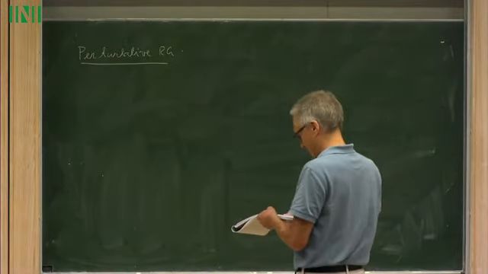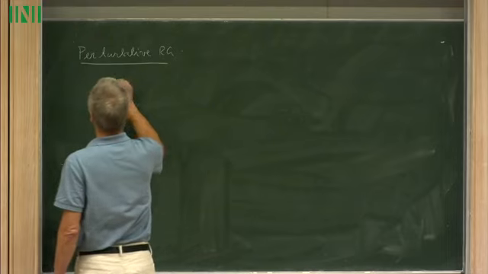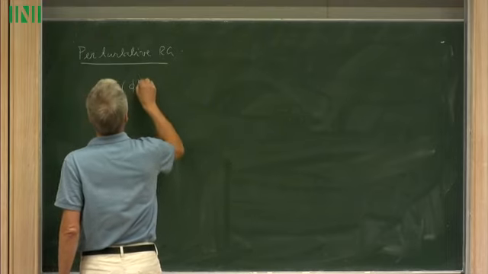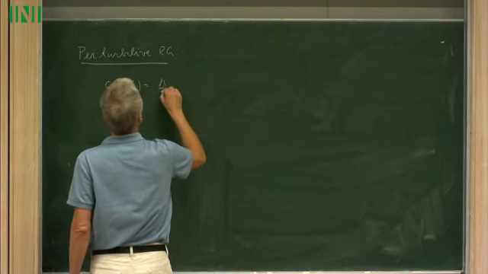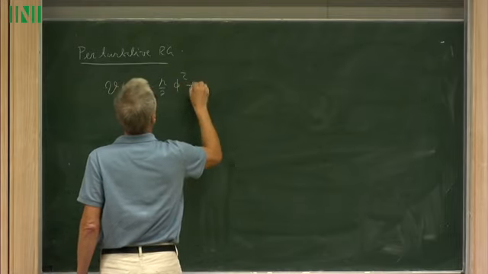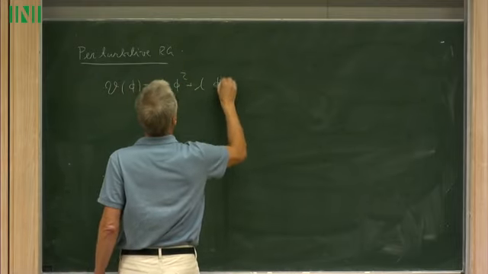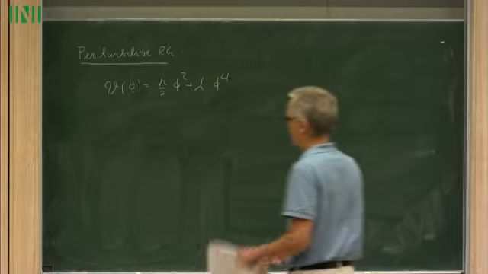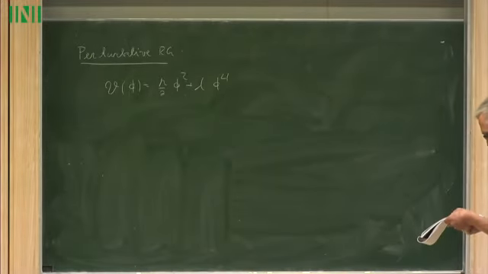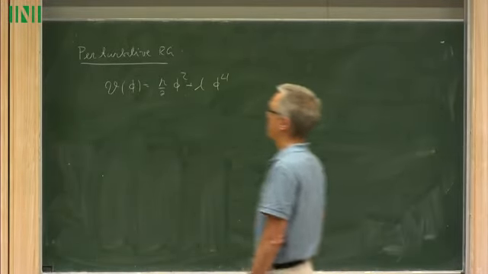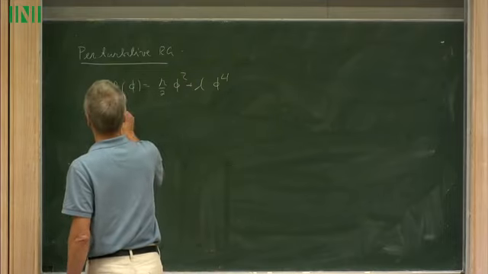So let's take our starting point, this Ginzburg-Landau model with these parameters R and lambda, and let's try to compute now beyond the linear order what is R of V.